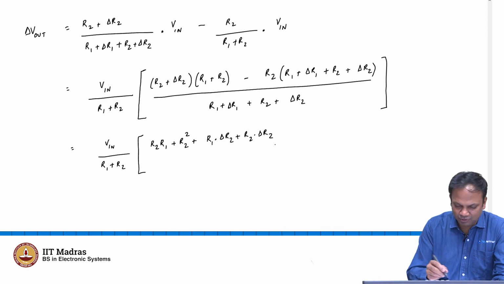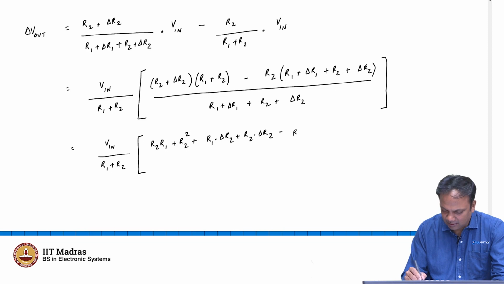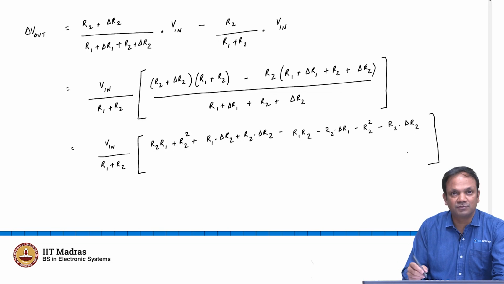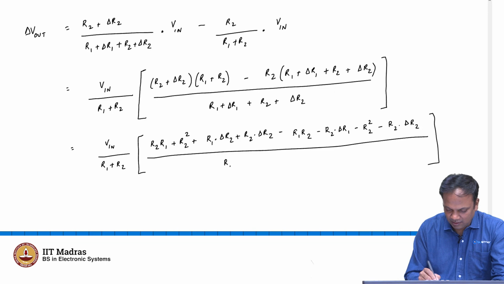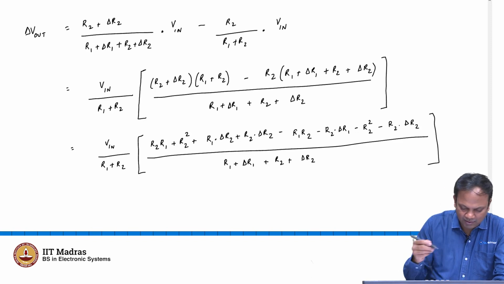This is the expansion of the first set of terms, minus R1 R2 minus R2 into delta R1 minus R2 square minus R2 into delta R2. This is the expansion of the second set of terms, divided by R1 plus delta R1 plus R2 plus delta R2, right. Now, let us do some cancellations.